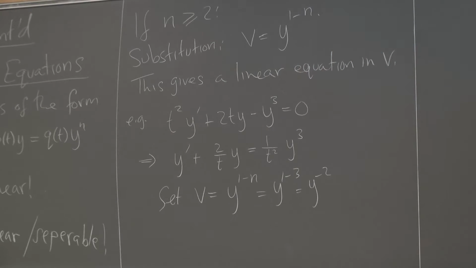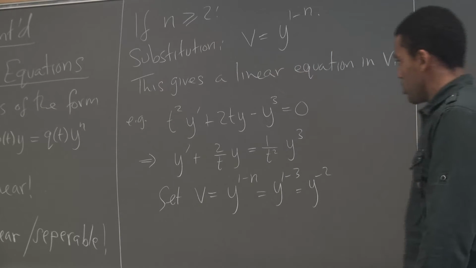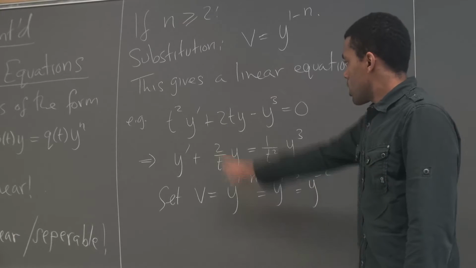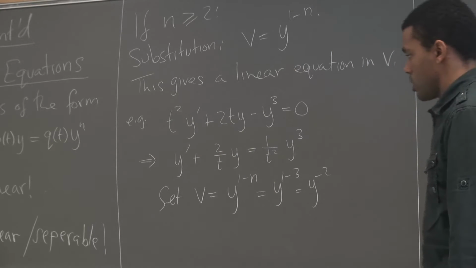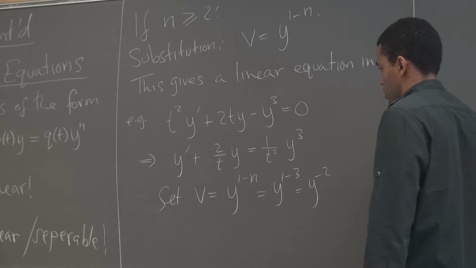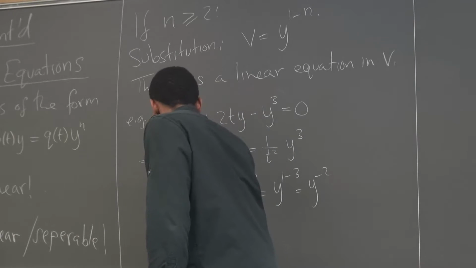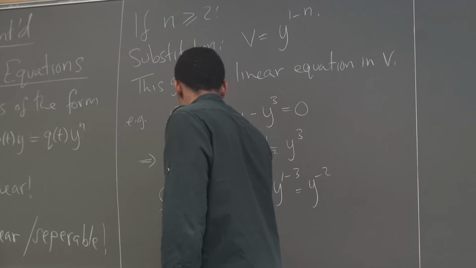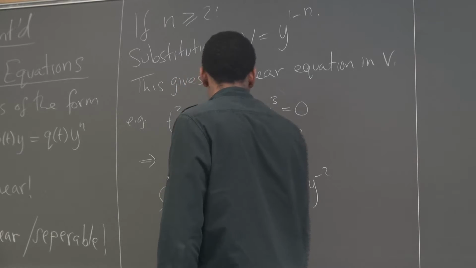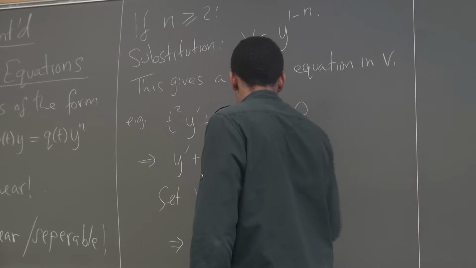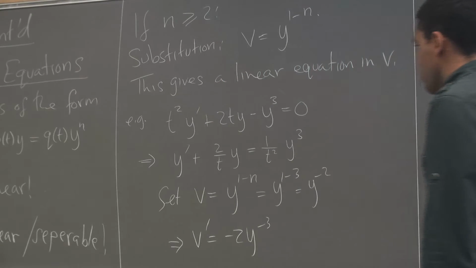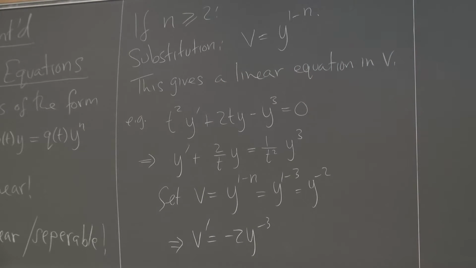Now, if v is actually y to the minus 2, right? What would your v prime end up being? I took v prime, this would be minus 2y to the minus 3 times y prime. That's my fault, I'm sorry.